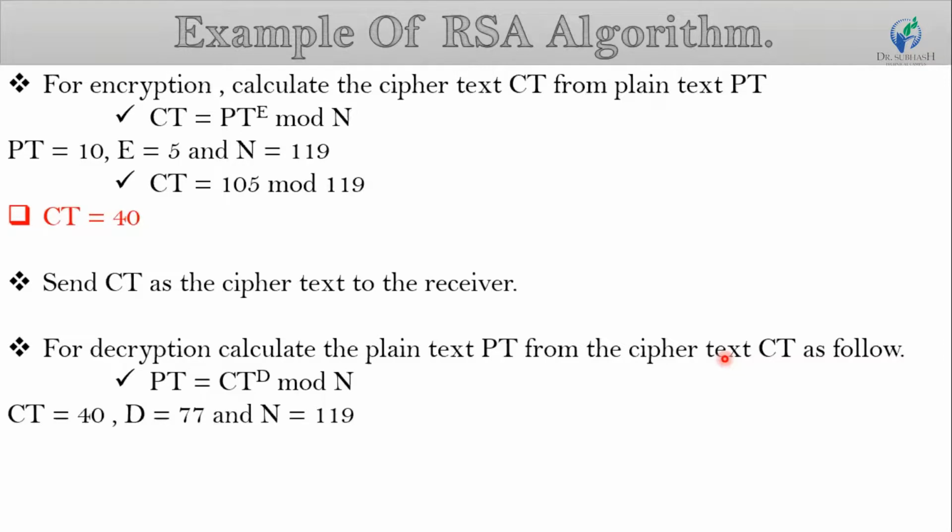Now, put these values in this equation. PT is equal to 40 raised to 77 mod 119. So PT is equal to 10. So this way we find out the value of PT. So I hope you can understand in which way the RSA algorithm works.